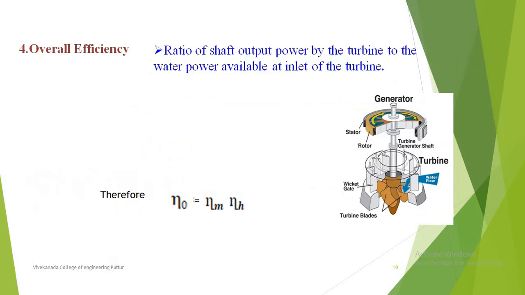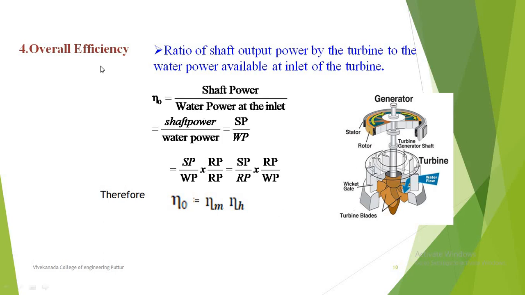Last one is overall efficiency. When the water is supplied here, what is the power available at the shaft? That is the ratio of shaft power to the water power at the inlet. So overall efficiency is equal to shaft power by water power.